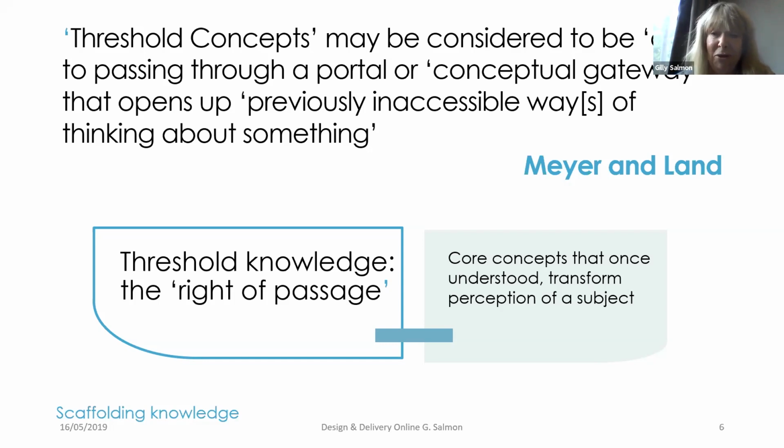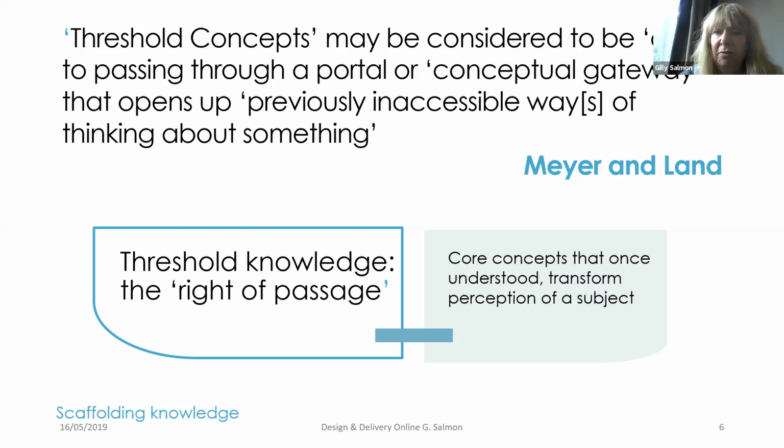So if I was with you now, I would be walking about on the stage and going through doorways. So when you think about this, it's quite good to stand up and imagine you're walking about and going around into something. And they are core concepts that you need to identify for whatever discipline you're teaching, for your module, that once your students have understood, they will be transformed in their perception of a particular subject that you're teaching.